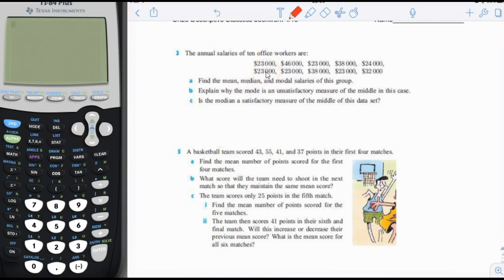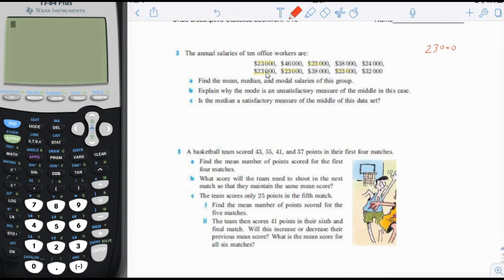Do you see how 23,000 is repeated 1, 2, 3, 4, 5 times? Okay, so I can put this in kind of like a frequency table, and I can enter it that way in the calculator. For 23,000, I don't need to enter 23,000 5 times.